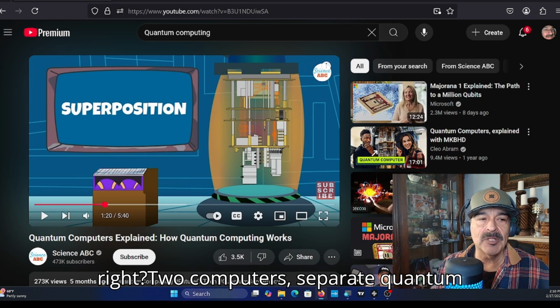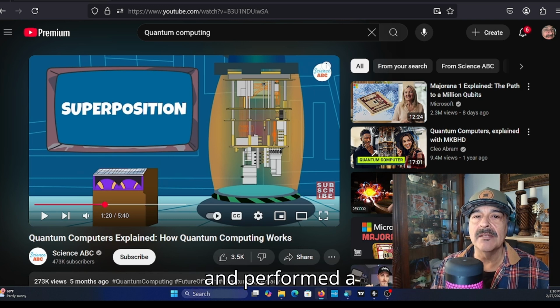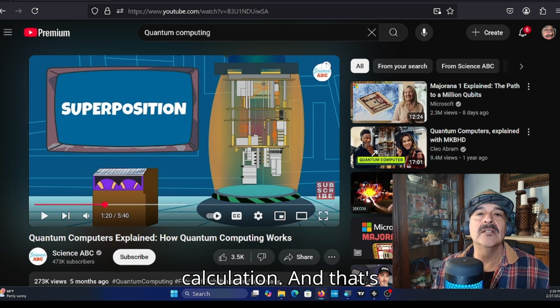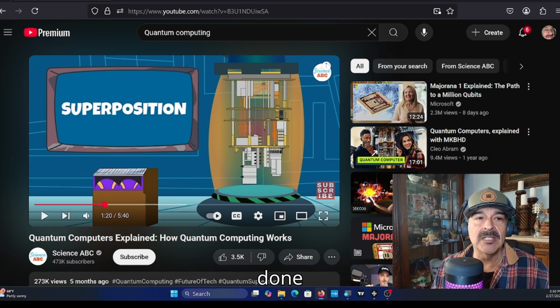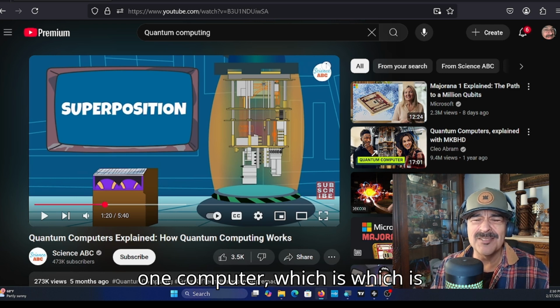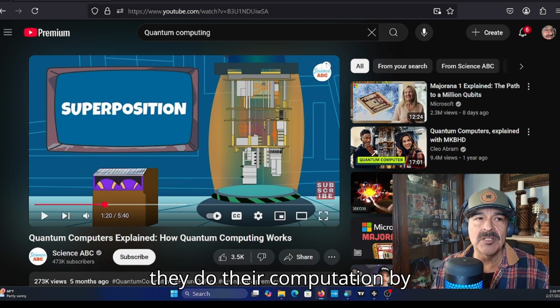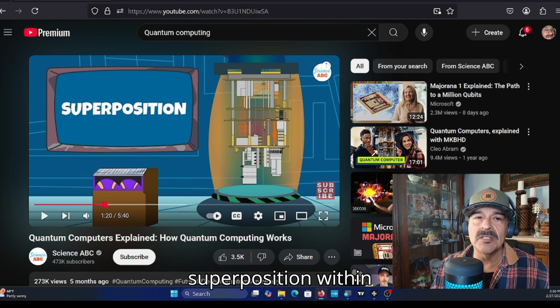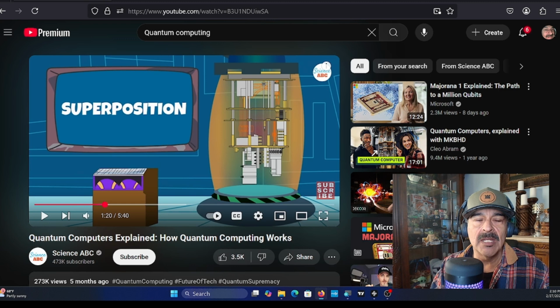Two separate quantum computers that connected to each other and performed a calculation. And that's the important part that I want you to understand: the calculation was done, the superposition on one computer, which is pretty much how they communicate or how they do their computation, by superposition within their system.